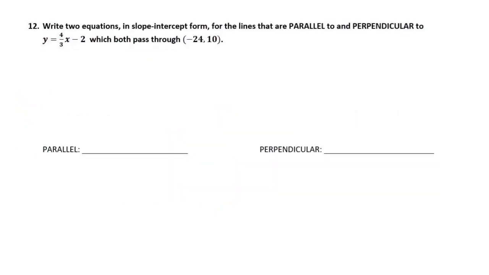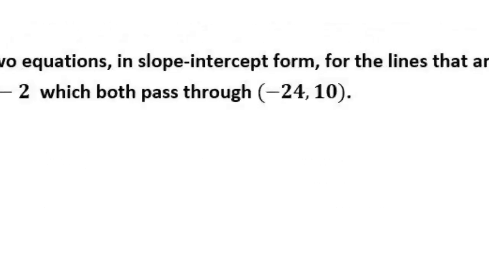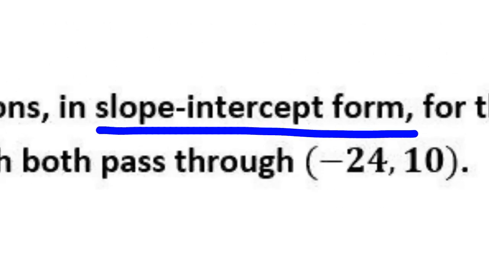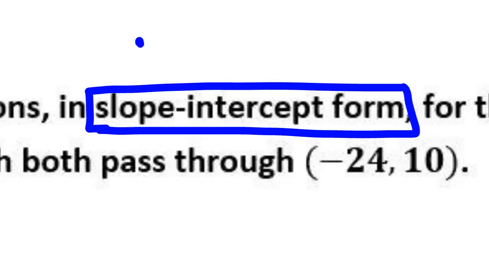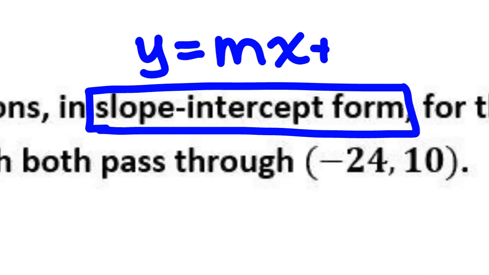Write 2 equations in slope-intercept form. What is slope-intercept form? So slope-intercept form is this one right here. Point slope is the y minus y1 equals m times x minus x1. But I want my answers to be in slope-intercept form.